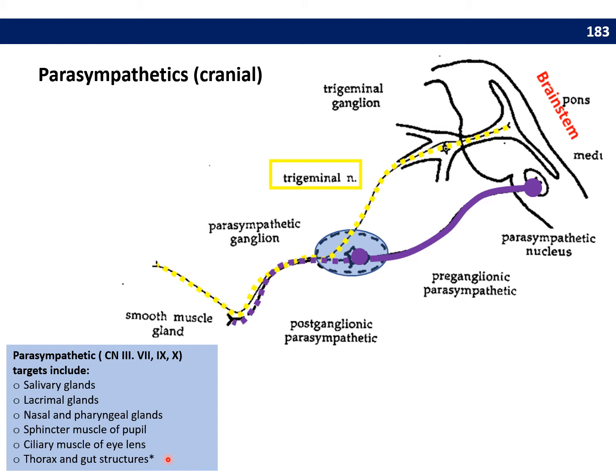I'm including cranial nerve 10 here, but remember that's going to be responsible for parasympathetics to the gut and thorax.